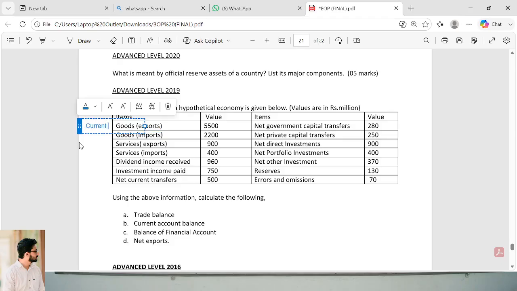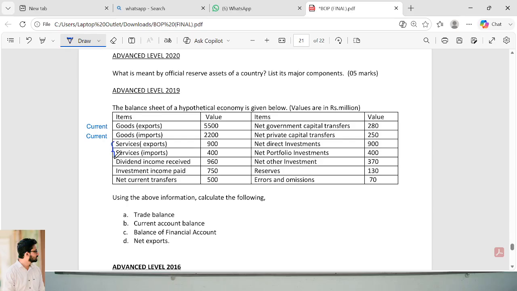Goods imports. Current account. Service exports, service imports. Let's take both together.